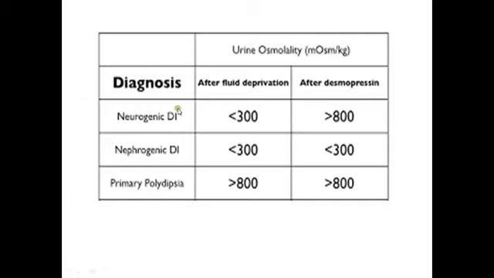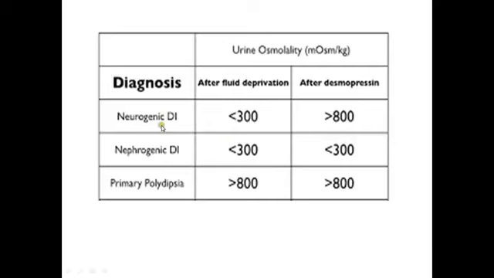So after fluid deprivation, if it is less than 300, and after the urine osmolality was less than 300, okay, and after desmopressin, now these values vary from book to book, from center to center. Everyone has a different value. The easy one to remember is 300 to 800.